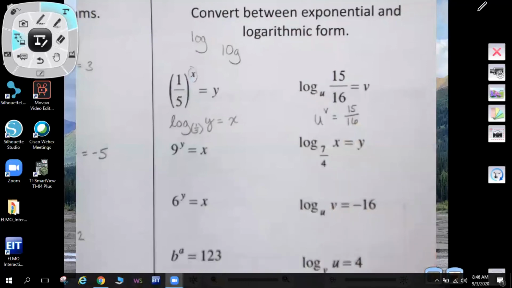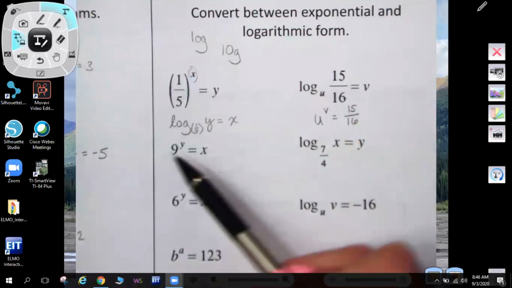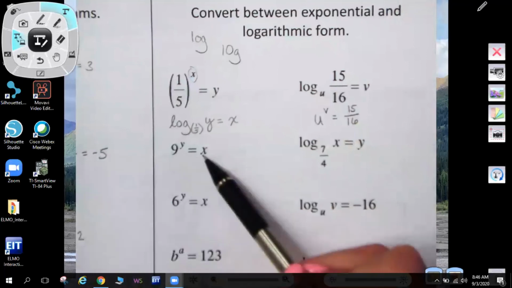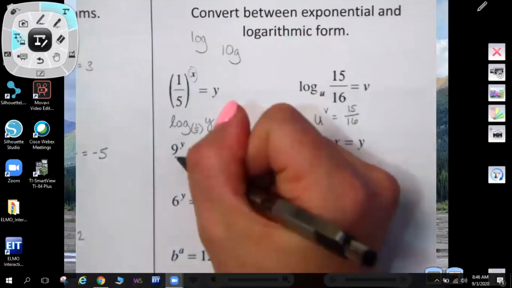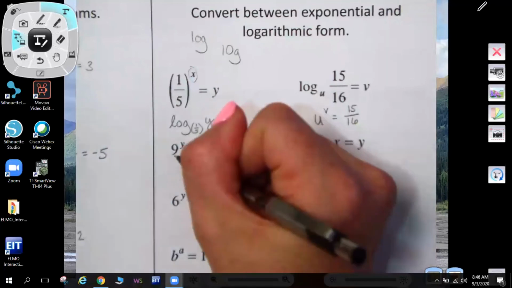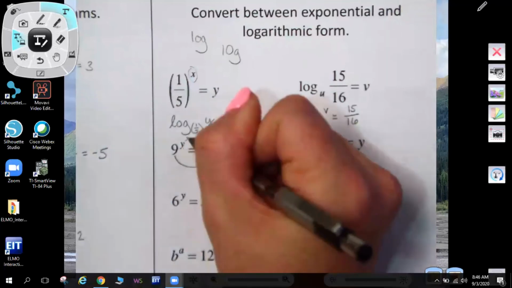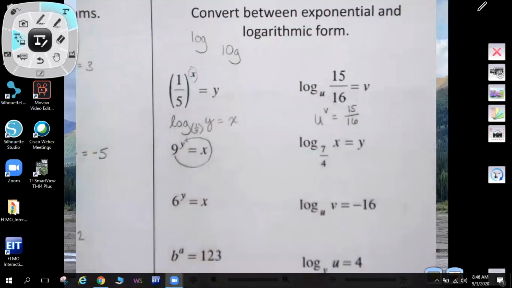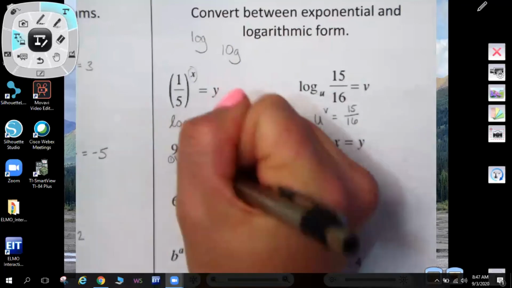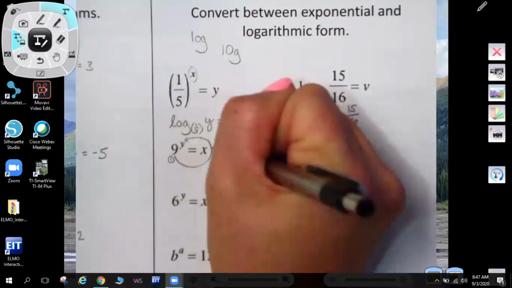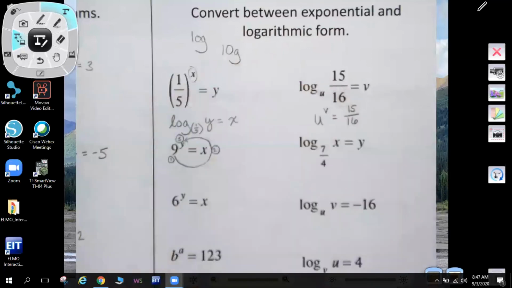Okay, so let's look at 9 to the y power equals x. If we want to use the loop trick to change this to log form, we start at the base, which is 9, and draw a counterclockwise loop around to y. So when we write this in log form, we'll write the 9 first, then we'll write the x, then we'll write the y, in that order.